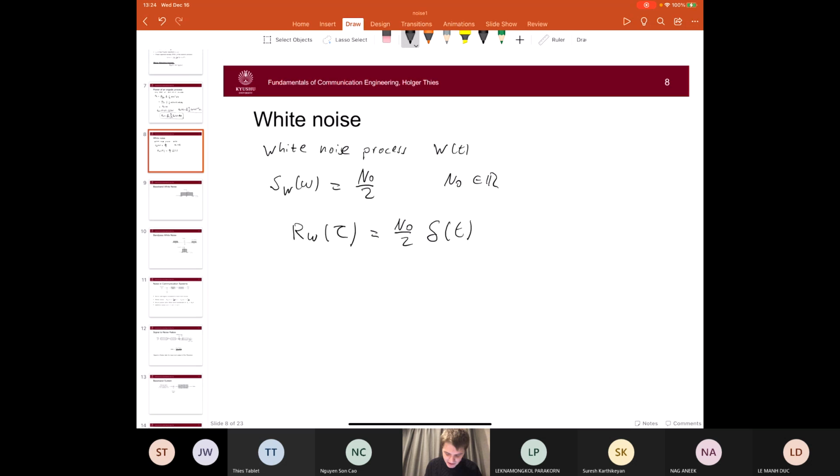So the autocorrelation function will be 0 everywhere and infinite at 0. And this is what we expect when we define white noise, because we want that no matter how close two times are together, the noise at different times will be completely non-correlated. So if we take any two time points, we will have completely independent, non-correlated noise. So this is what the white noise process is.